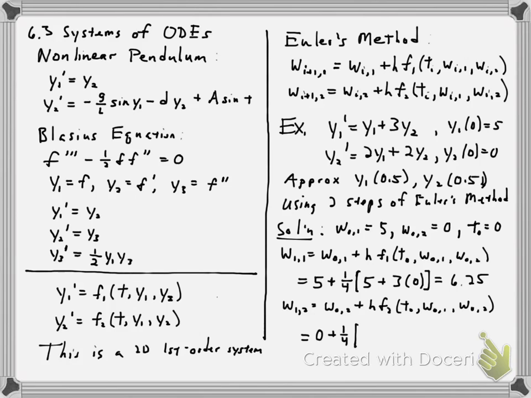So that is 2 times 5, and then plus 2 times y2, and y2 in this case is w02, which is 0. So if we do this computation, we get 2.5 for w12.